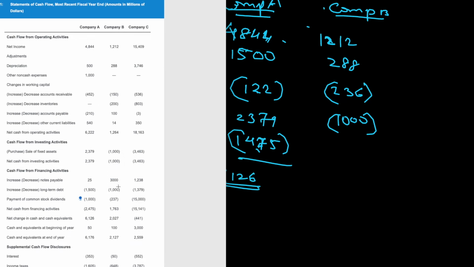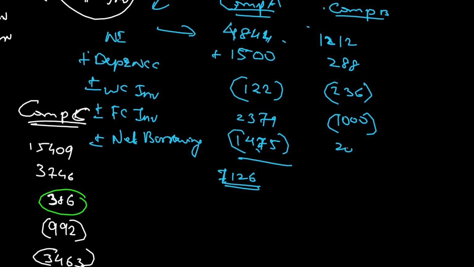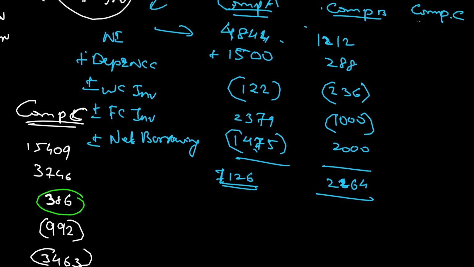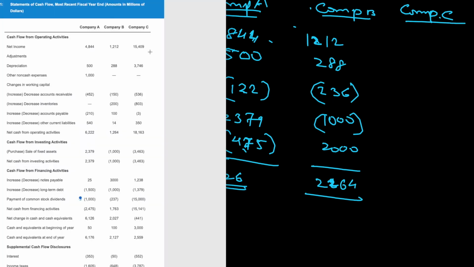So net cash inflow of 2000. So you calculate, it will come to 2264. Similarly, let me calculate company C, third company C. Company C is 15409.